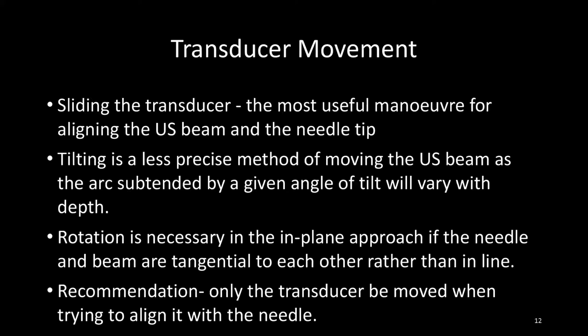Tilting is not precisely used because the arc subtended by a given angle of tilt changes with the depth of the structure. Rotation is necessary because if the needle and the beam are tangential to each other rather than in a line, rotation can provide better alignment of needle and beam by getting them in the in-line plane.